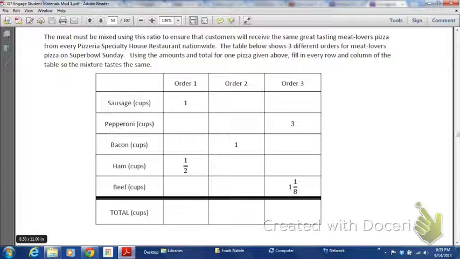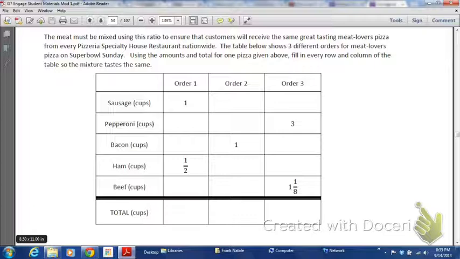Using the amounts and total for one pizza given above, fill in every row and column of the table so the mixture tastes the same. So we're keeping these ratios the same.